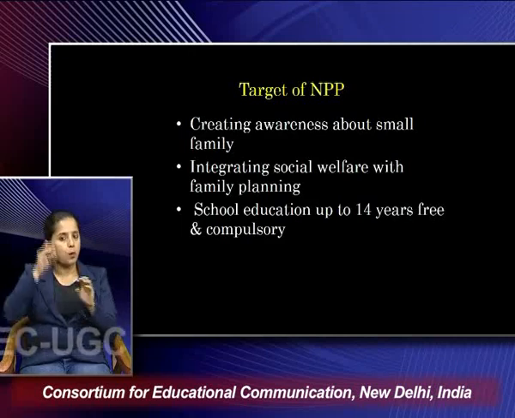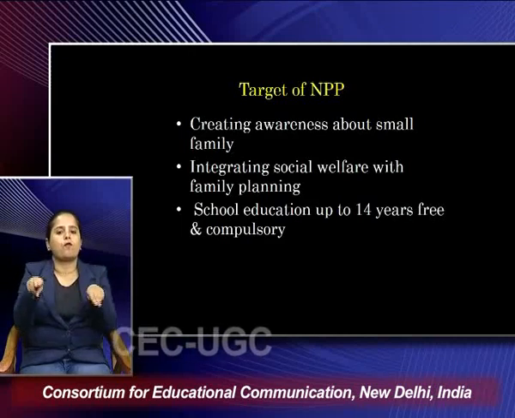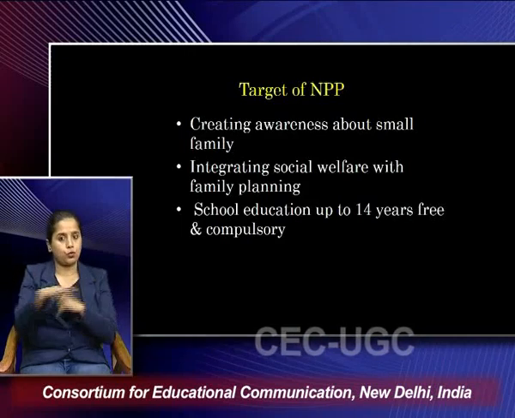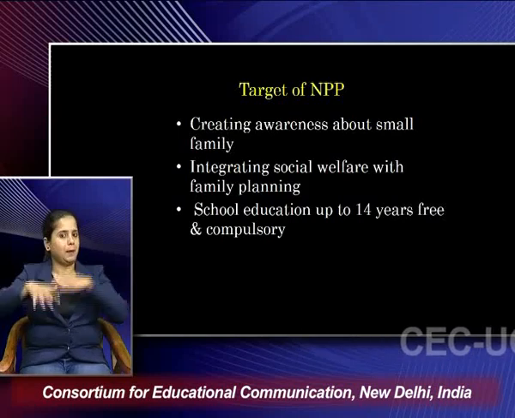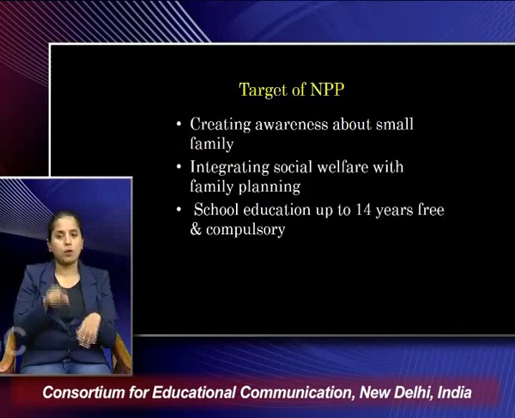The second target is to reduce infant mortality rate to below 30 per thousand and prevention and control of all communicable diseases. The next target of the National Population Policy is creating awareness about small family, integrated social welfare with family planning, school education up to 14 years, free and compulsory education for all.